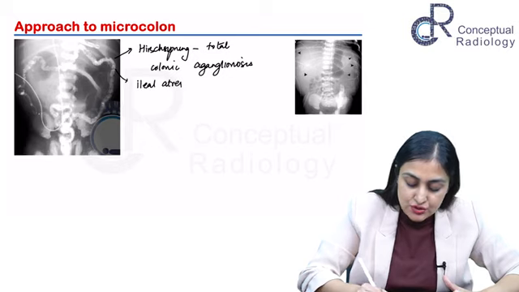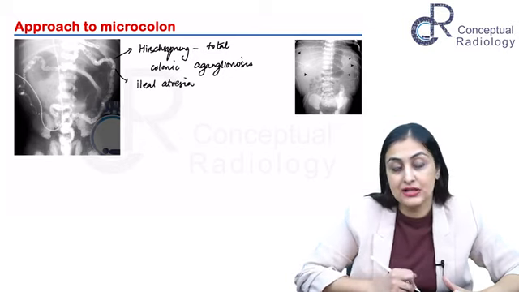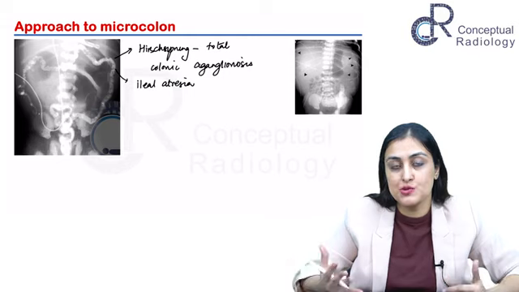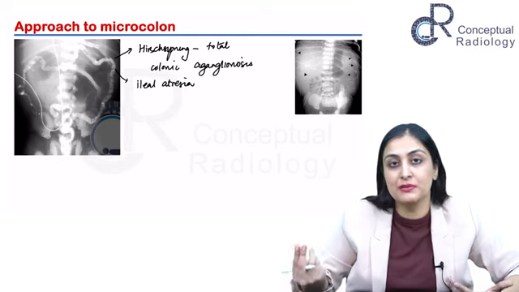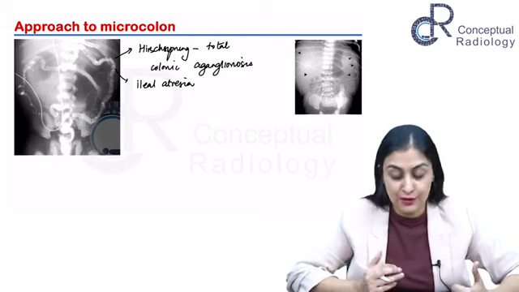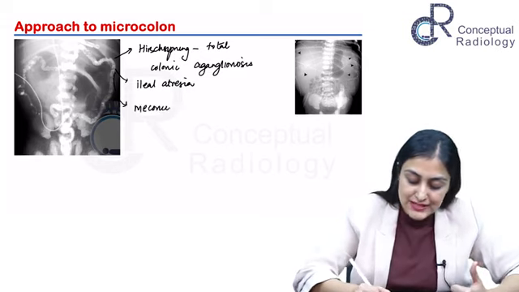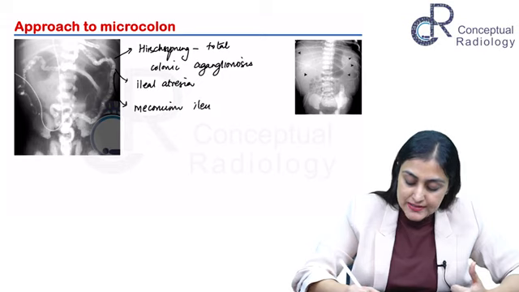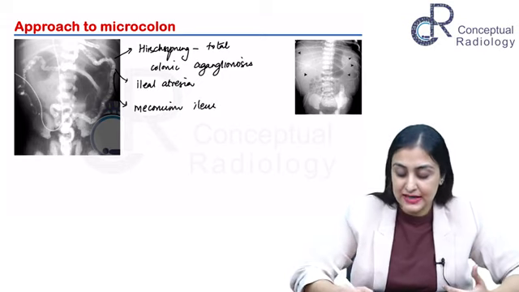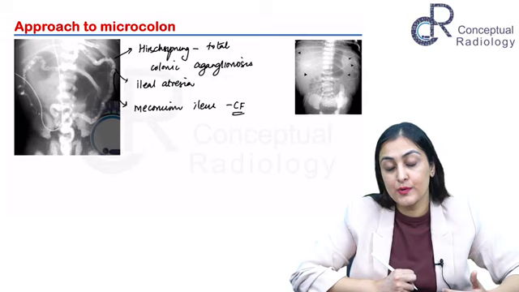When you have jejunal or ileal atresia, there is no fecal matter, no meconium which has ever reached the colon, and because of disuse it is narrow. A very, very important third differential is meconium ileus, something that is associated with cystic fibrosis, right?